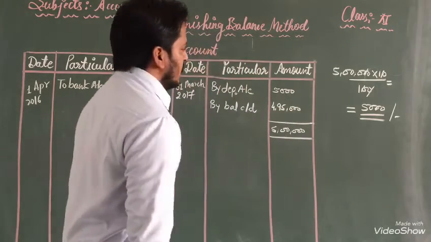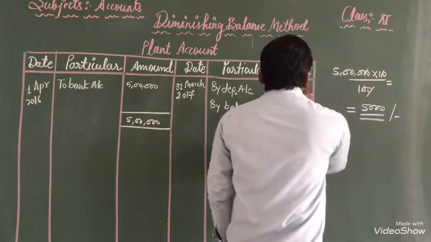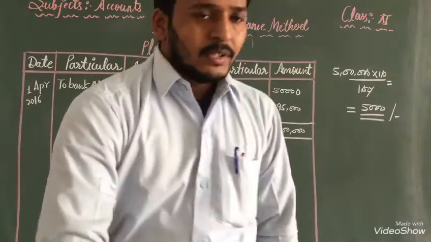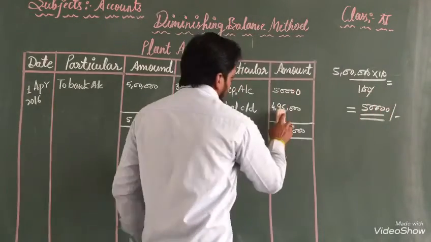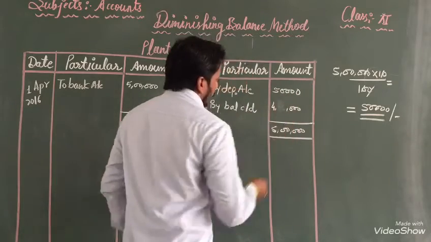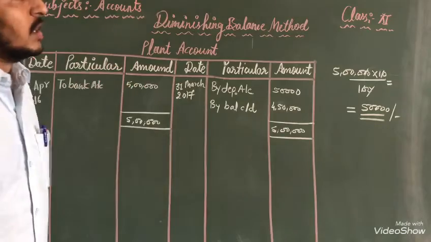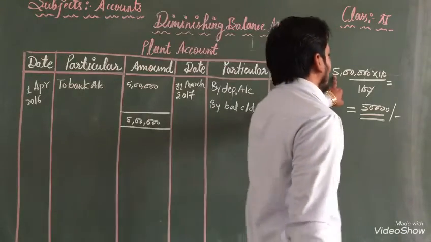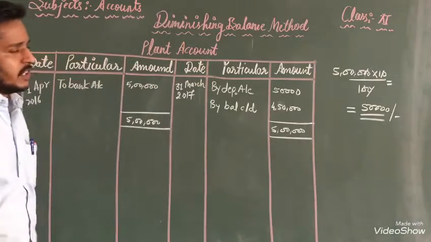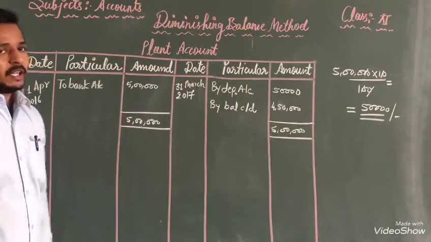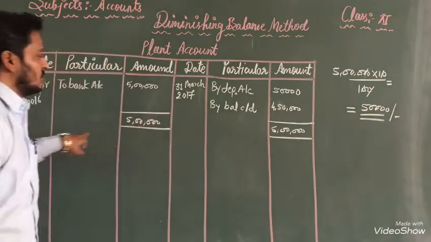Wait a minute. Depreciation is 50,000, and after depreciation the value is 4,50,000. The same amount we have to write here.